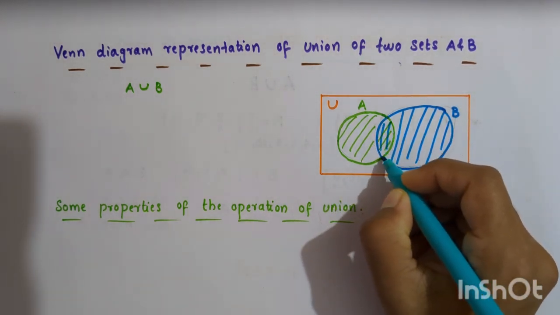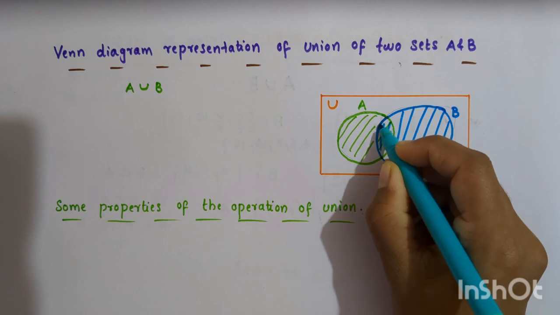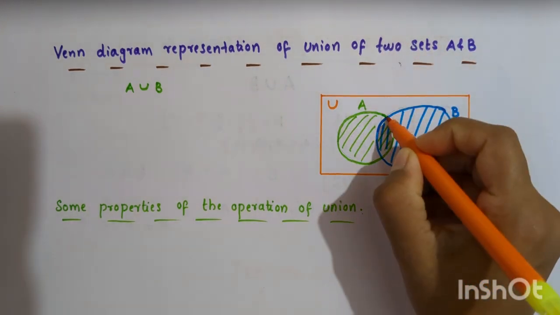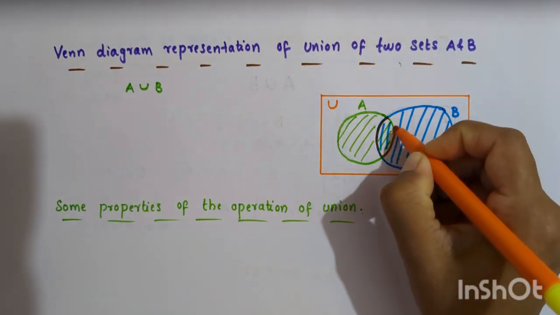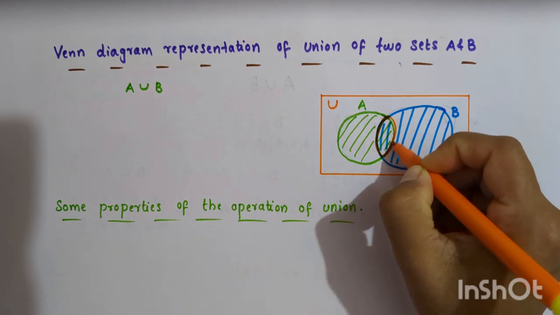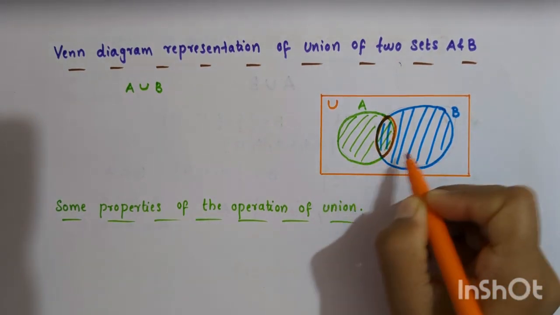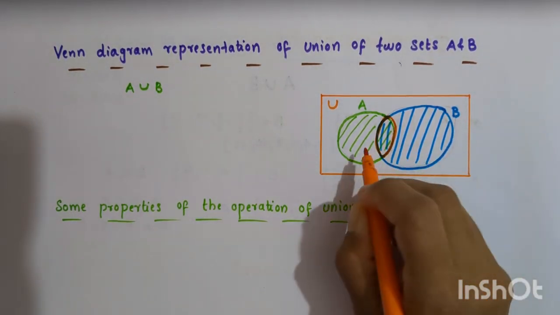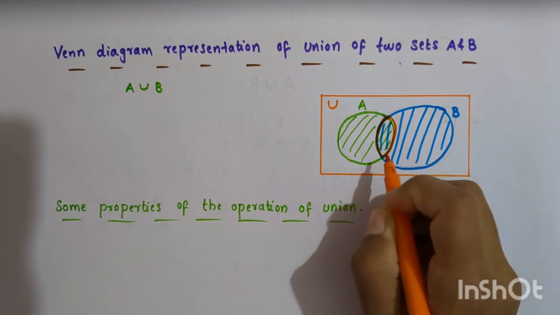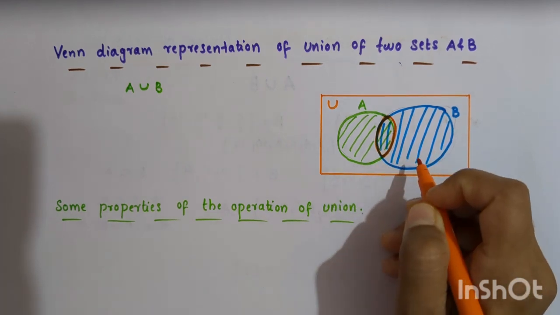So this intersection section indicates the portion of the elements which are present in both A and B. So this is how A union B is represented in Venn diagram representation.